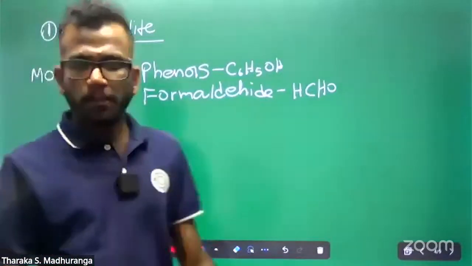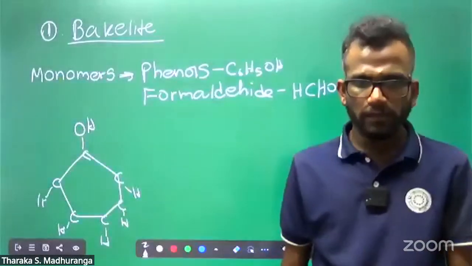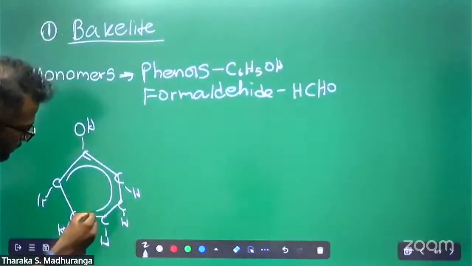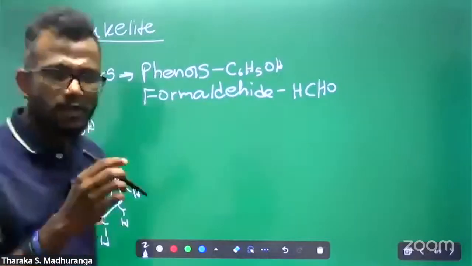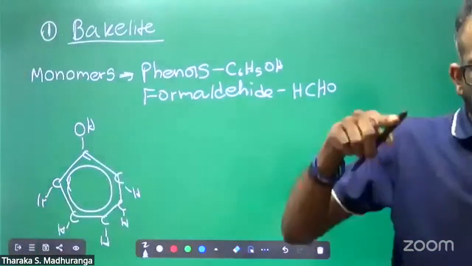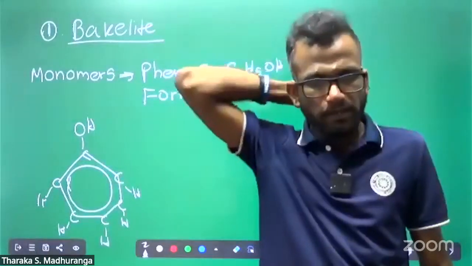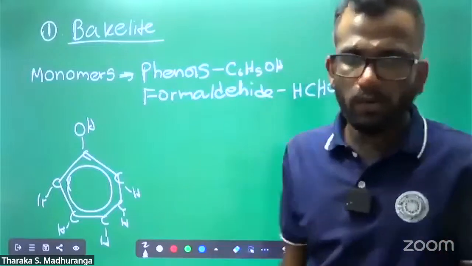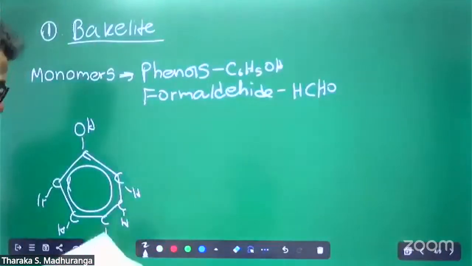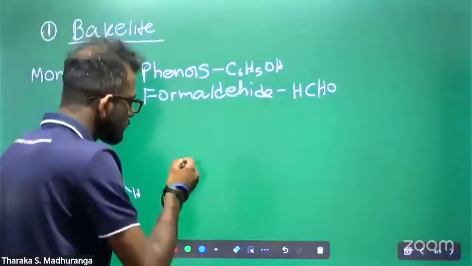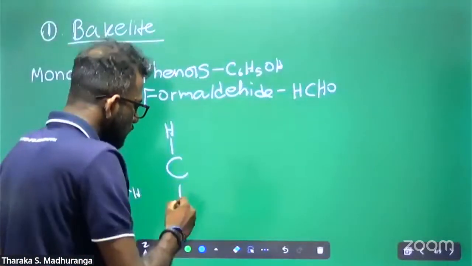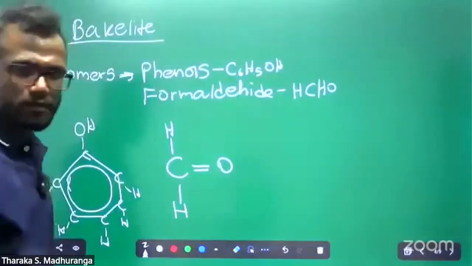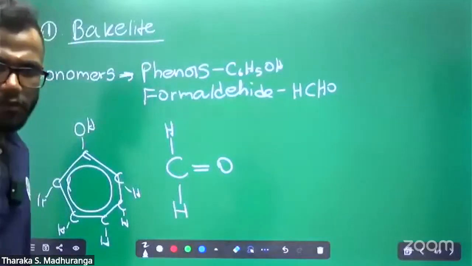This is phenol. Benzene combined with an OH group is phenol. Then phenol plus formaldehyde. The formaldehyde structure is like this: two hydrogens and an oxygen.